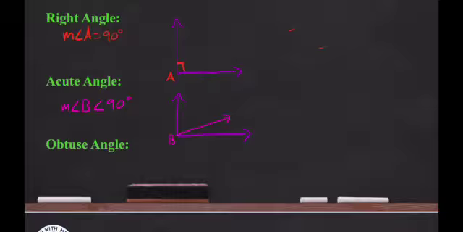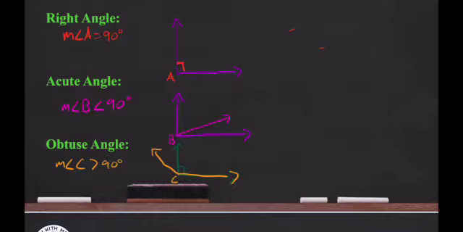Obtuse is big. It's large. So an obtuse angle, we have our 90-degree angle just for reference. The obtuse angle is going to be anything larger than that. So the obtuse angle, let's call this C. Angle C, the measure of angle C, will be bigger than 90 degrees.